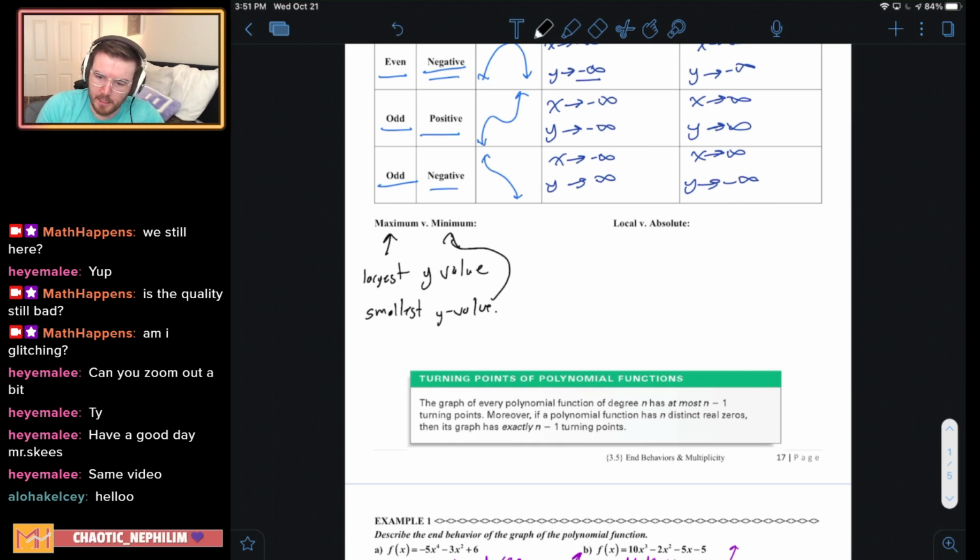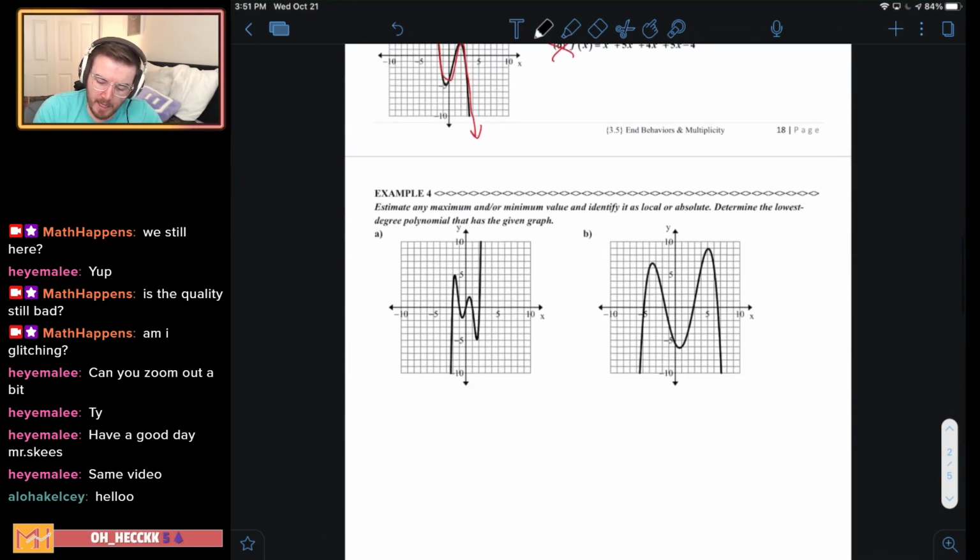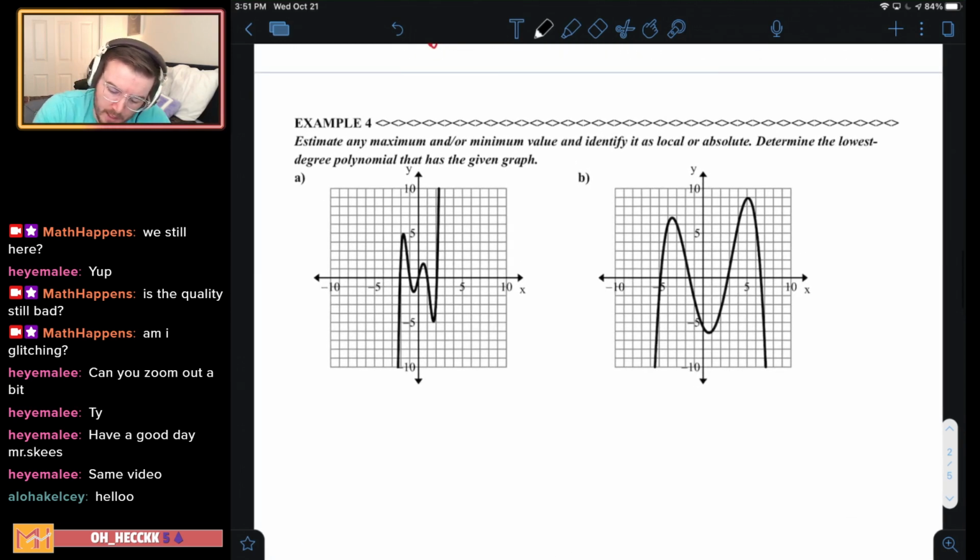Max versus min. And then there's something that's called the local versus absolute. So let's just see it in an example, and then it'll really make sense. So you can see that the maxes are going to be where the peaks are.